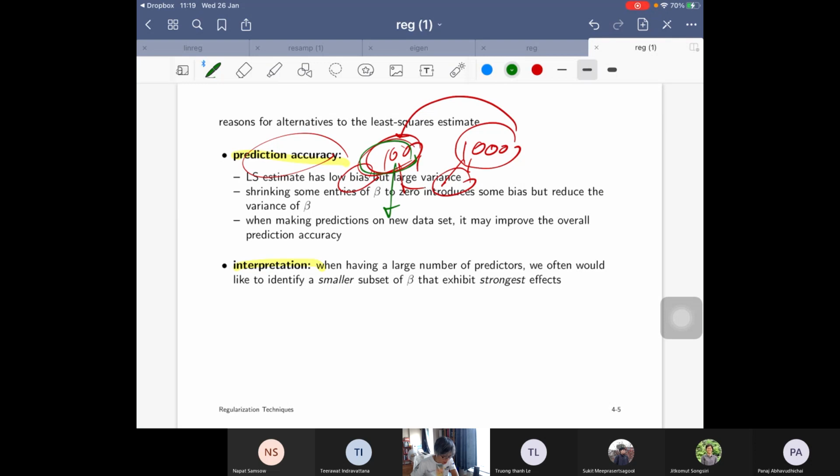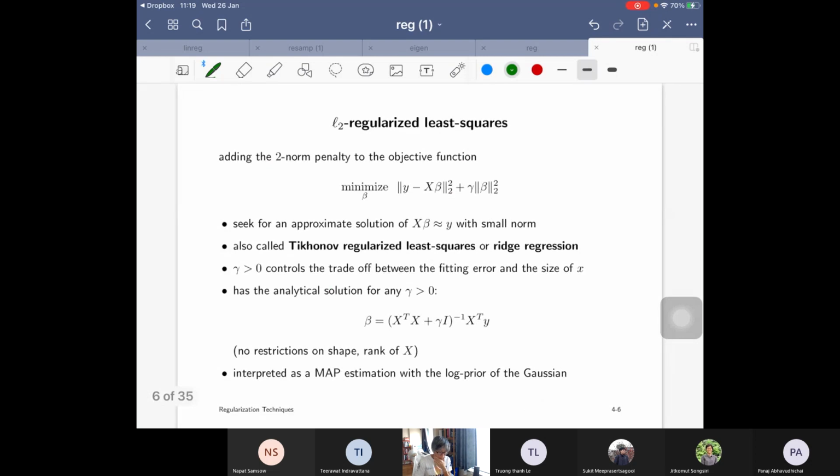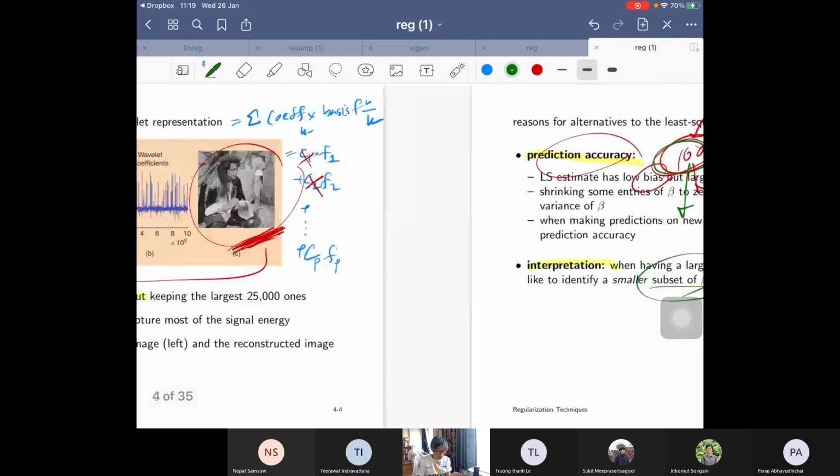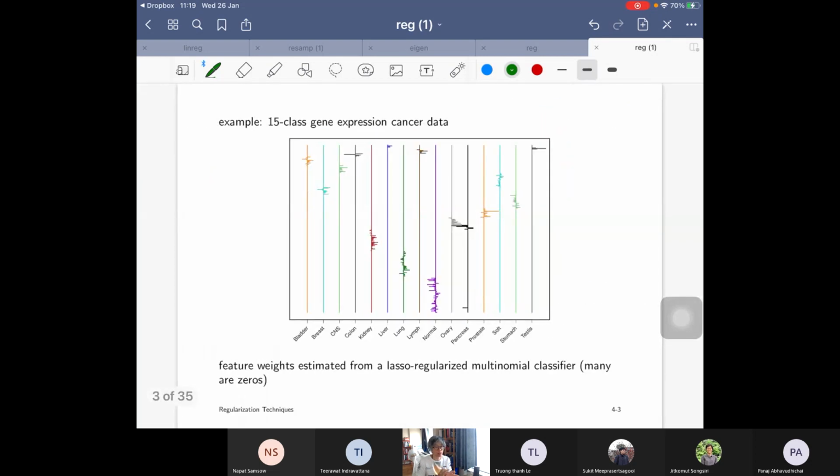In terms of interpretation, the non-zero predictors would be the subset of predictors that have the strongest effects on the regression model. Now, what I have presented is the usefulness of L1 regularization.